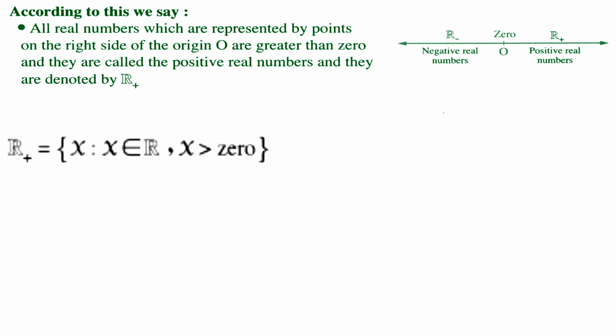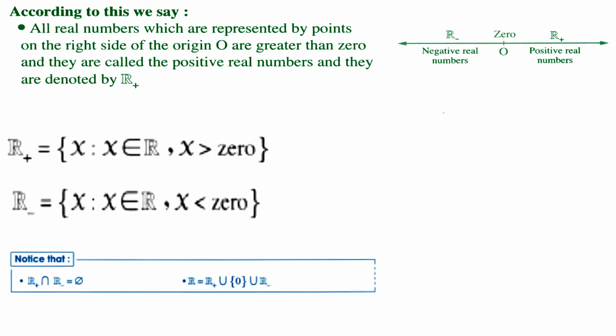R positive equals x where x belongs to R and x is greater than 0, but R negative equals x where x belongs to R and x is smaller than 0. You have to note that R positive intersected with R negative equals phi, and R equals R positive union 0 union R negative.